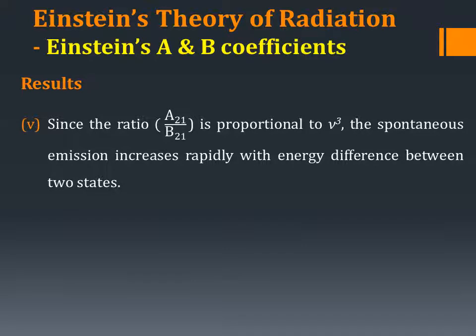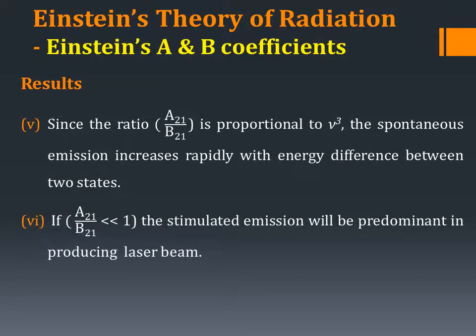Since the ratio of A21 to B21 is proportional to nu cubed, the spontaneous emission increases rapidly with the energy difference between the two energy states E2 and E1. If A21 by B21 is much less than 1, the stimulated emission will be predominant in producing a laser beam.